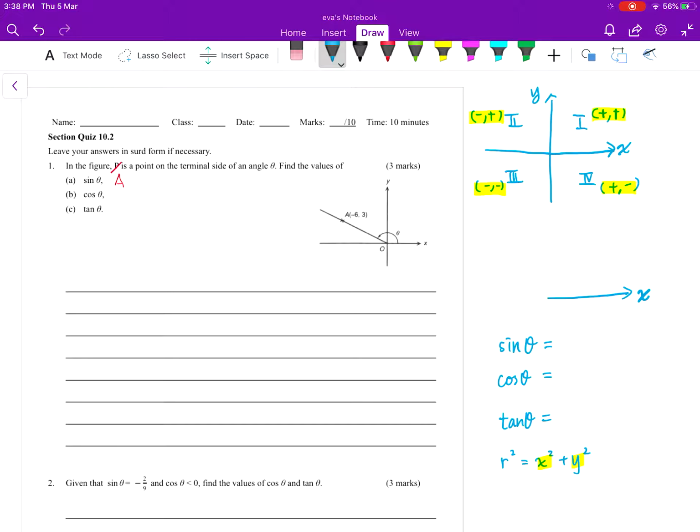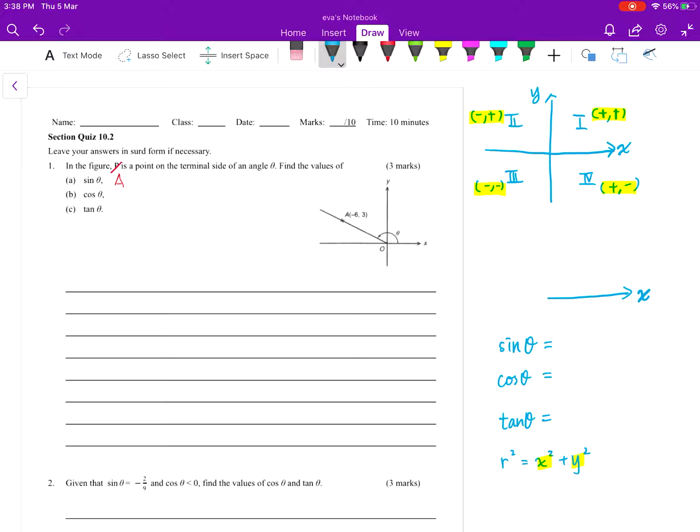Why do we need this? Because we are going to calculate x, y, r, and calculate sine, cosine, theta with x, y, r. The positive or negative of x and y will give you different signs of sine, cosine, and tangent.